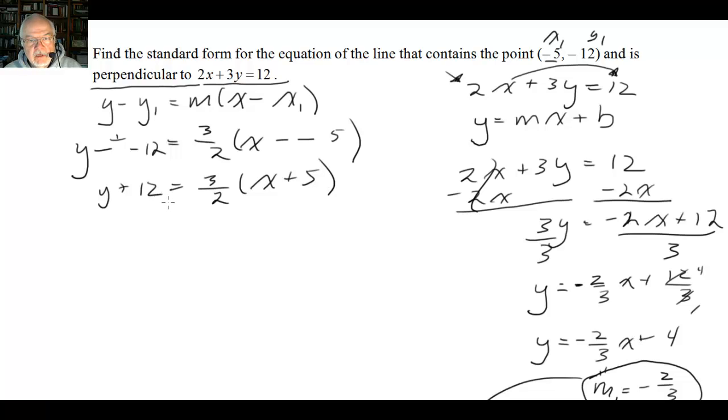Okie dokie. What are we going to do here? I forgot what form we want. Find the standard form. Another dip into our vast knowledge base of mathematical trivia. We have to make it look like that.